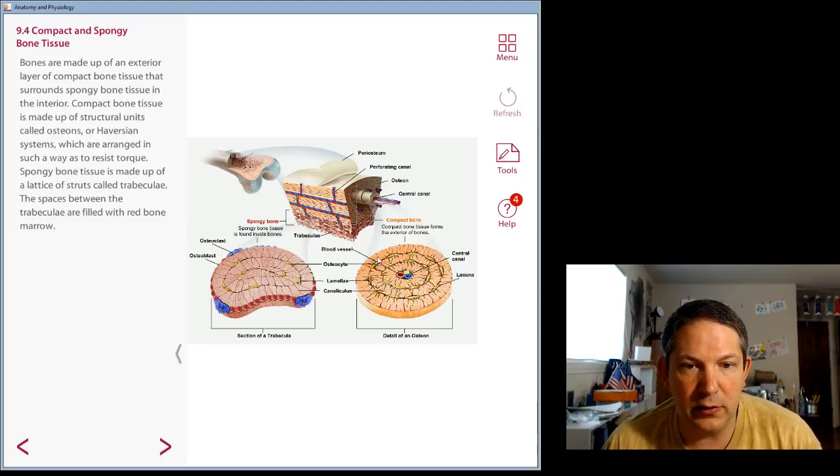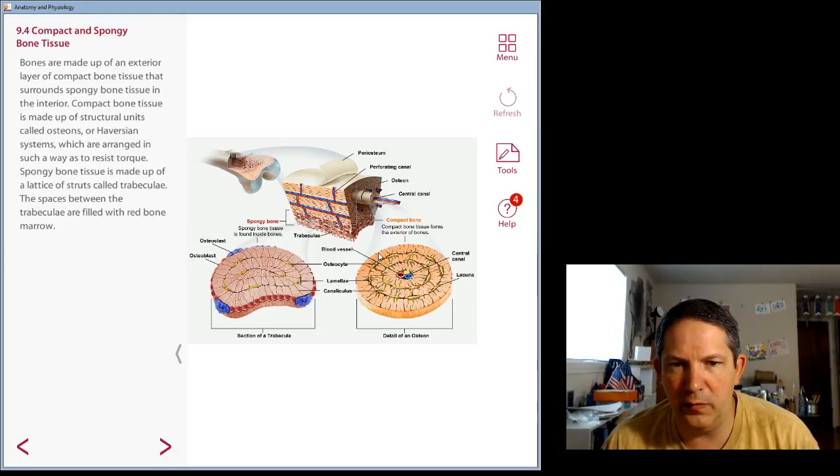So yeah, the osteocytes are stuck inside their lacunae, and you can see that they are arranged in rings, and that there's a layer of hard mineral bone between them. The layers are called lamellae.